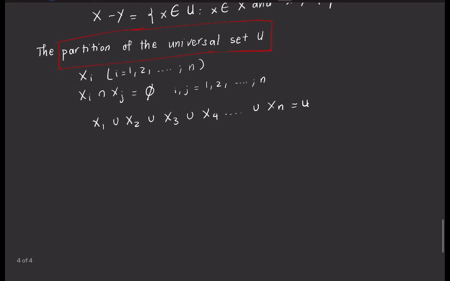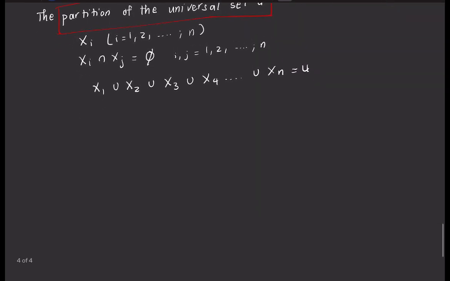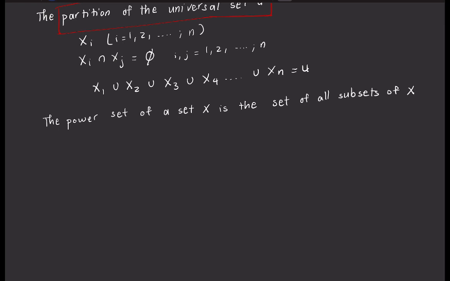And the last one is the power set. The power set of a set X is the set of all subsets of X, which is denoted as rho X. It's like P in the Greek alphabet.